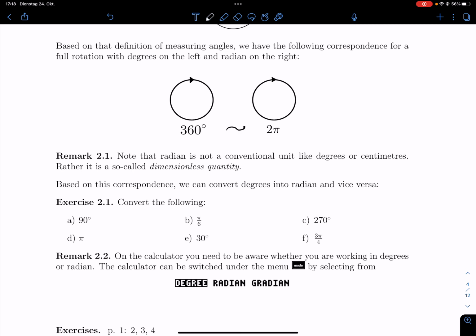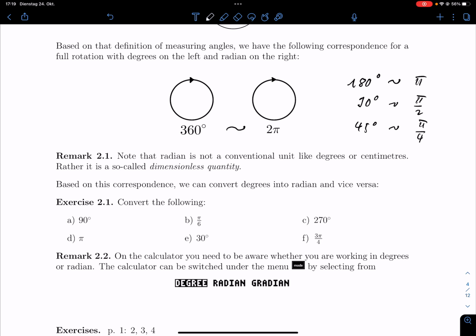And then with this 360 is equal to 2 pi thing, you can make a number of conclusions: that 180 is pi, 90 here is pi over 2, 45 degrees is pi over 4, and so forth.